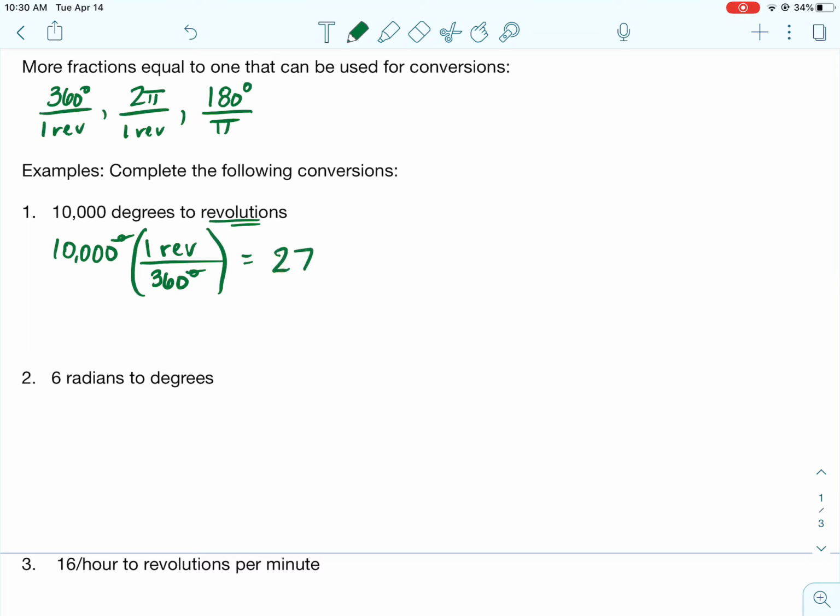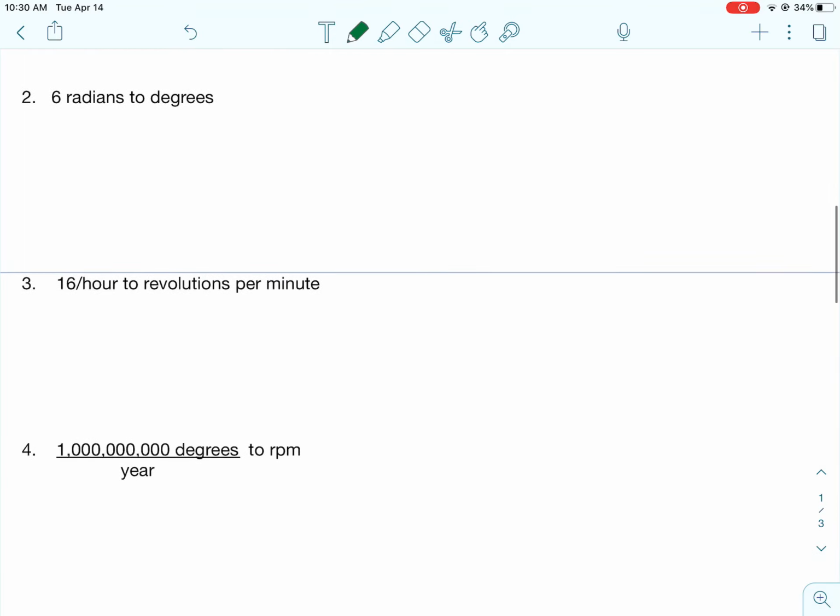Okay, that will cancel degrees. So in your calculator, you would do 10,000 divided by 360. We technically could also cancel a 0 if you wanted to, but that is going to give you 27.778 revolutions.